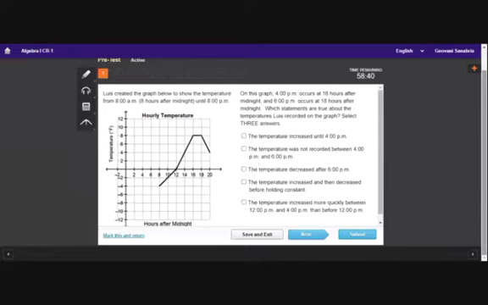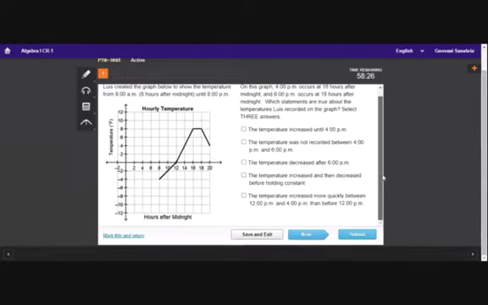Okay, so for that, 4 p.m. occurs 16 hours after midnight. Select the answers. 8 a.m. Okay, so it's 8 a.m. The temperature increased until 4 p.m. Do you think that looks right? No, it doesn't. Because you see at 8 a.m., it's -4 degrees.